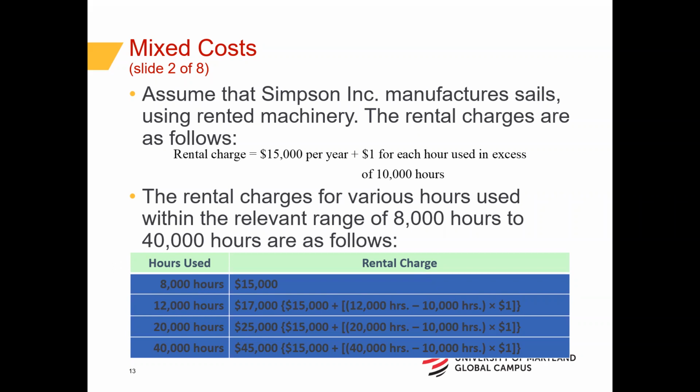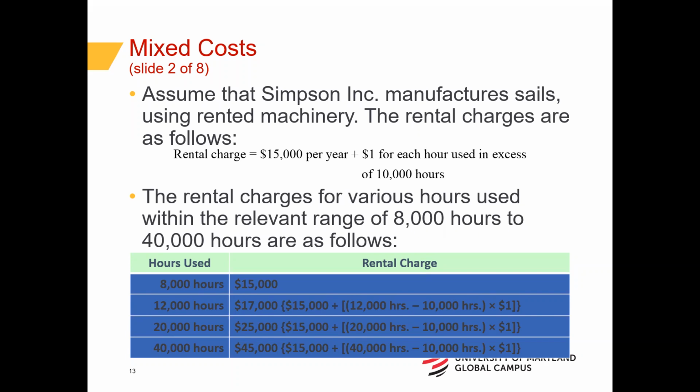So for this example, we're renting a piece of machinery. The base rent is $15,000 per year, plus $1 for each hour in excess of 10,000 hours. So let's take a look down below at our chart. And of course, it's going to vary from year to year depending on the usage. So if I used 8,000 hours for this machine, it would just be the 15,000. Okay.